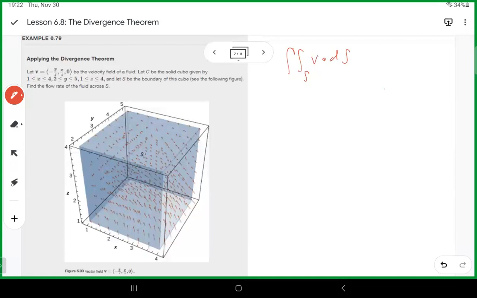The field is rotational in nature, and for a given circle parallel to the xy plane that has a center on the z-axis, the vectors along the circle are all the same magnitude. That is how we can see the flow rate is the same entering and exiting the cube. The flow into the cube cancels the flow out of the cube, and therefore the flow rate of the fluid across the cube should be 0.